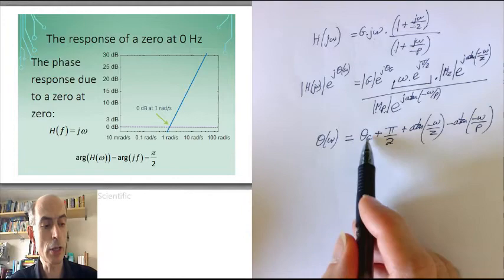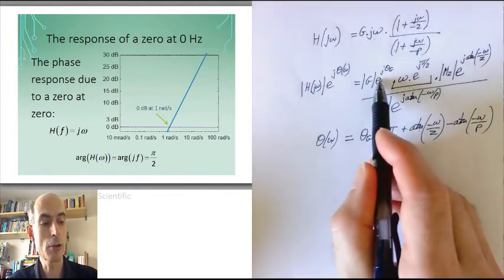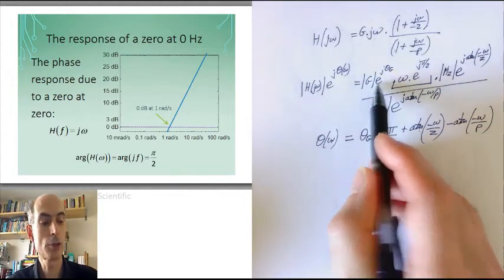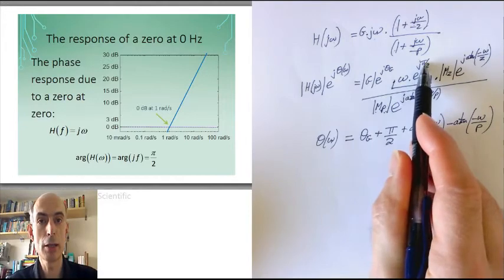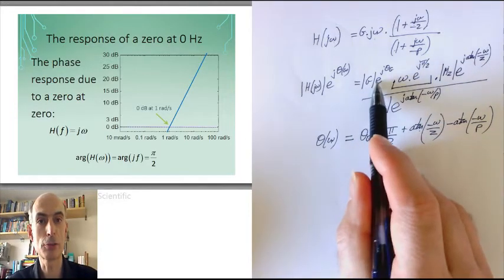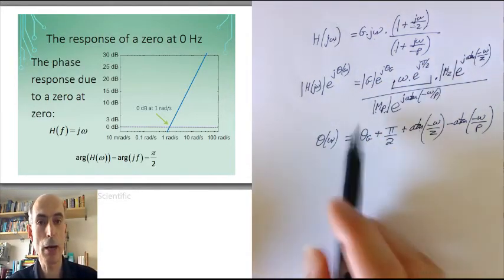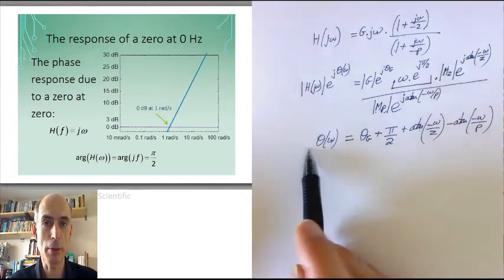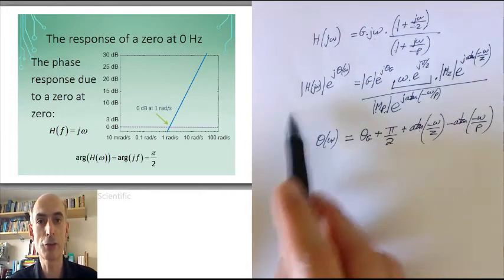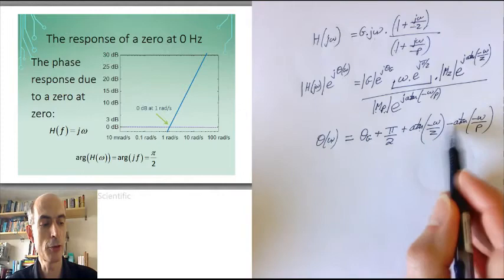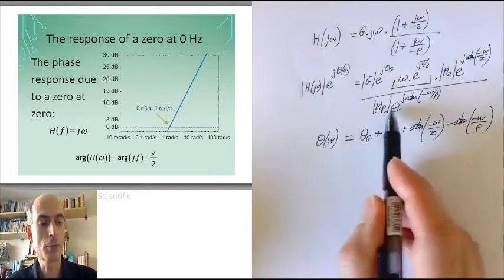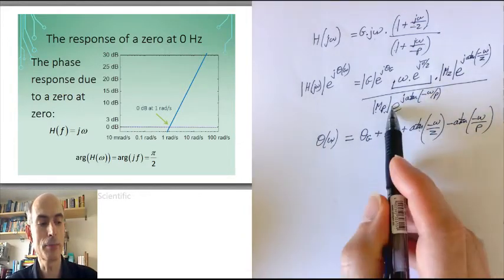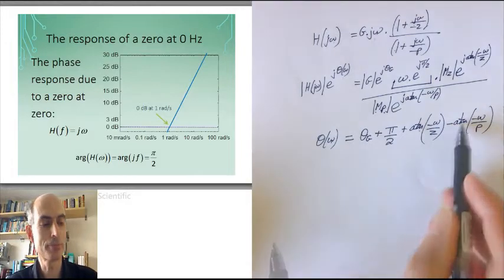And I've used the fact here that e to the power of x times e to the power of y is just e to the power of x plus y. And e to the power of x divided by e to the power of y is e to the power of x minus y, which is why there's a minus sign here. This term here is on the denominator. It divides the rest of the terms.